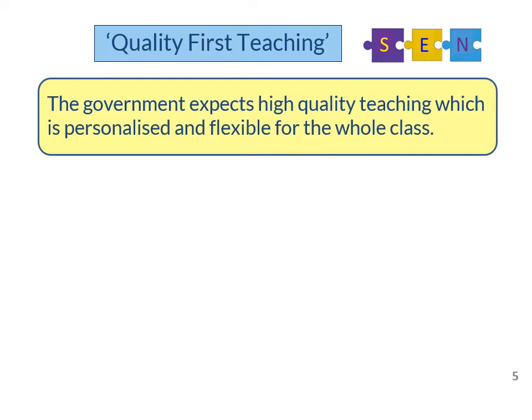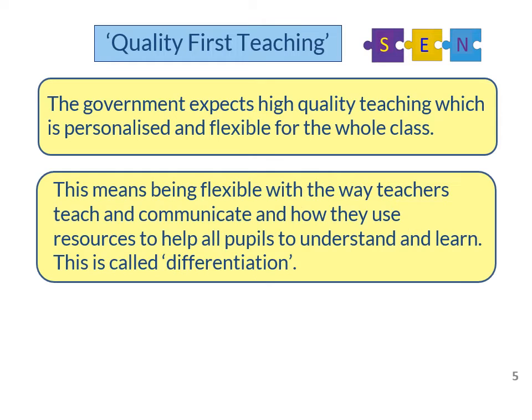The law expects high quality or quality first teaching, which is personalised and flexible for the whole class. This means being flexible with the way teachers teach and communicate, and how they use resources to help all pupils understand and learn. This is called differentiation.